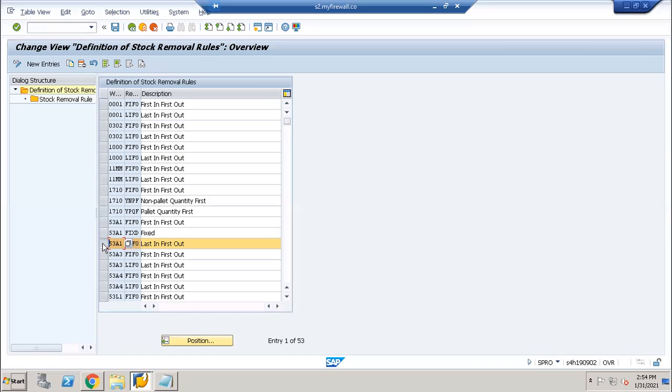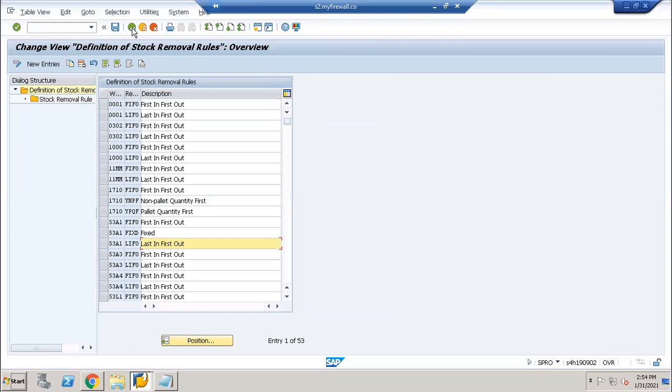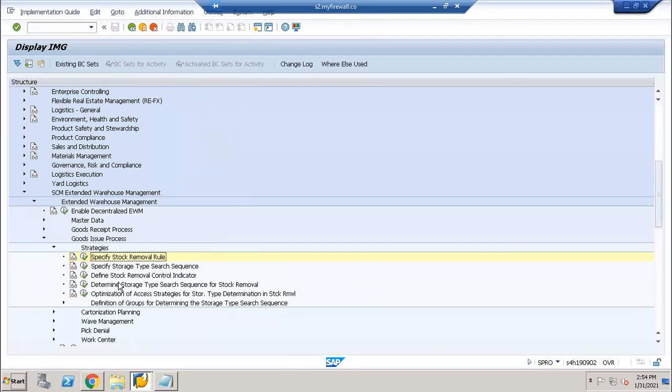So we follow LIFO there. So what will the stock removal rule be? WDATU, based on the particular put away date and time, in descending order. In this way you define the stock removal rule.